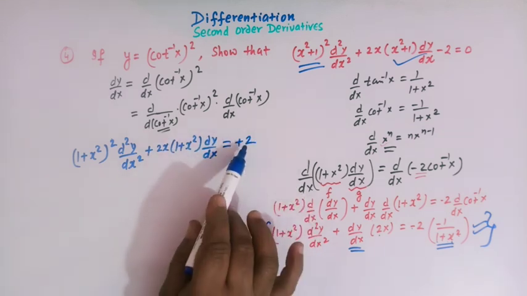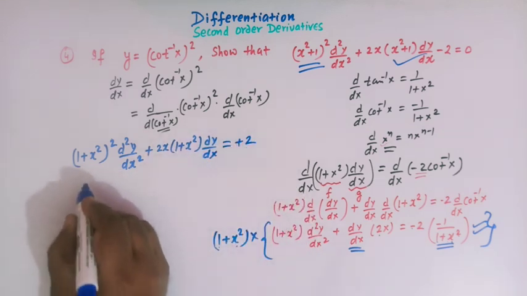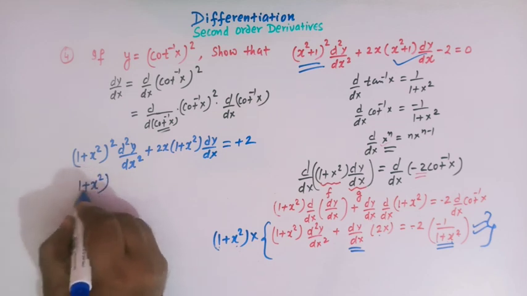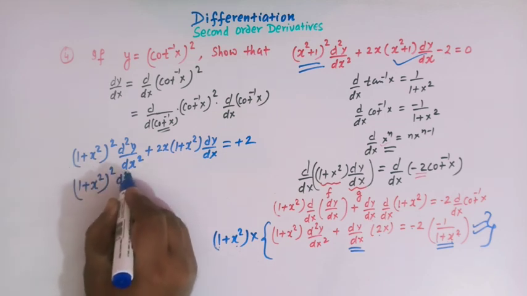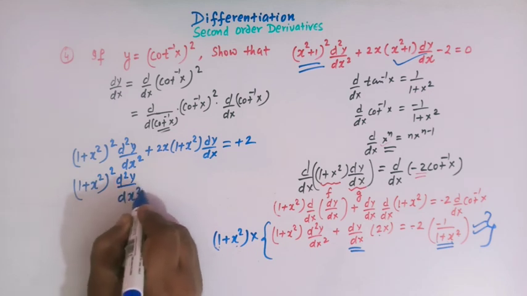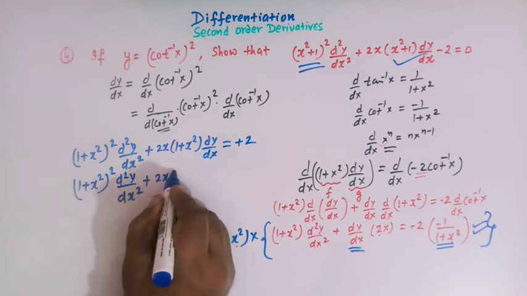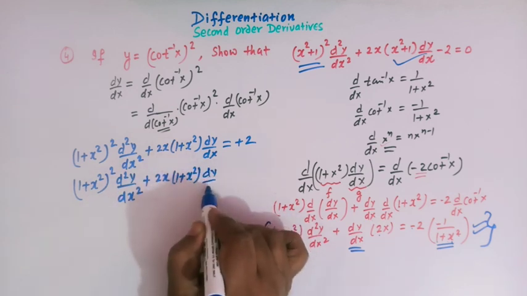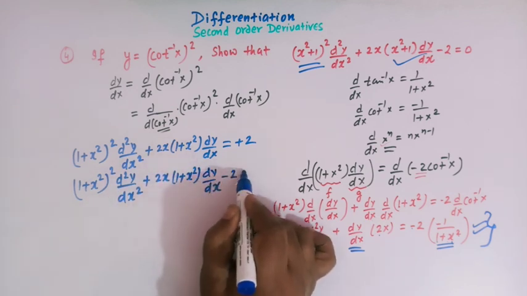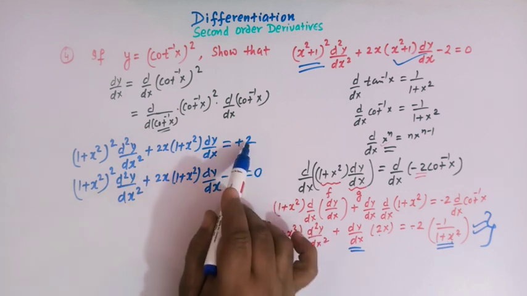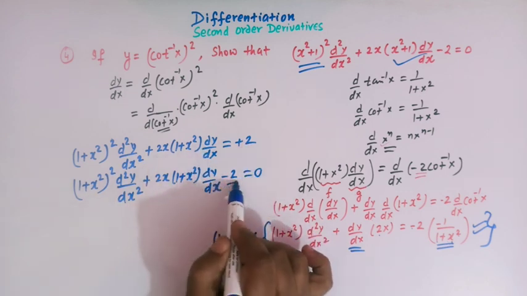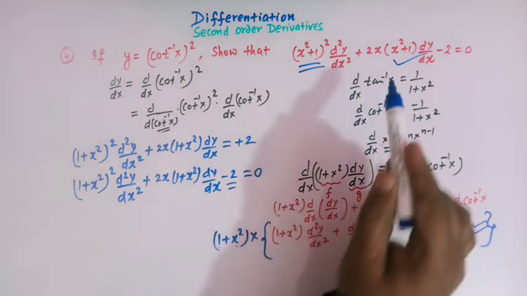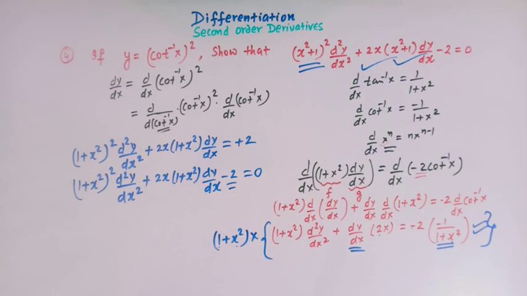Now we can take this 2 to the left hand side. So we have 1 plus x square whole square d2y over dx2 plus 2x times 1 plus x square dy over dx minus 2 is equal to 0.